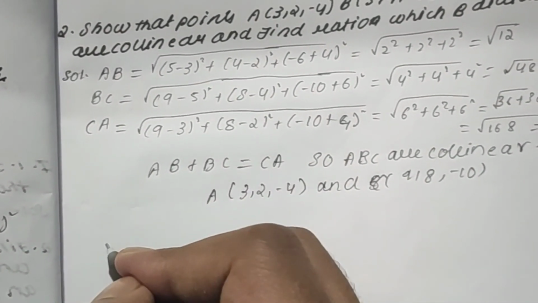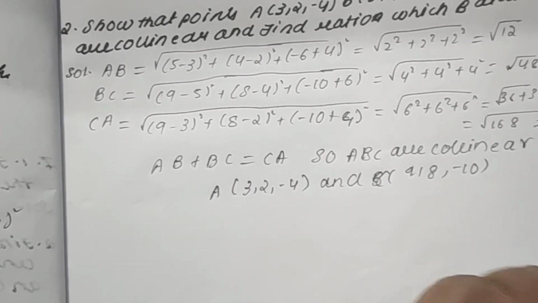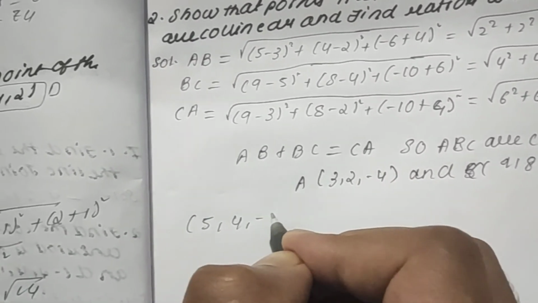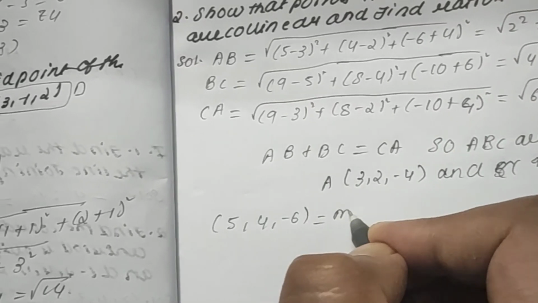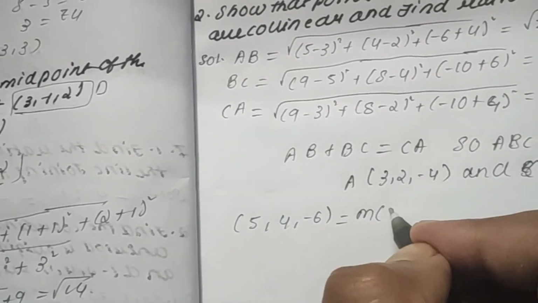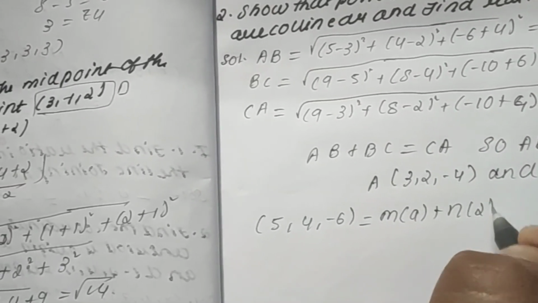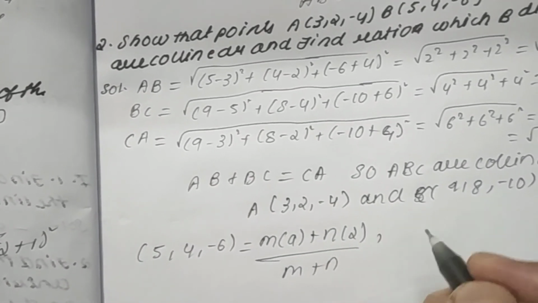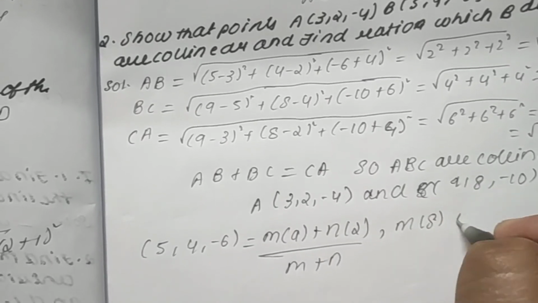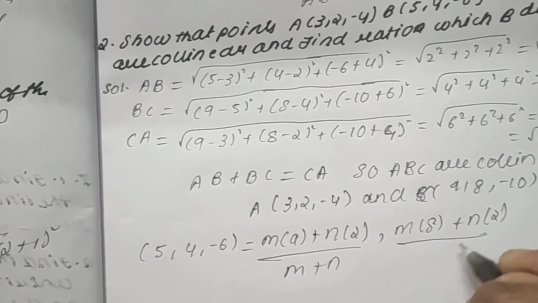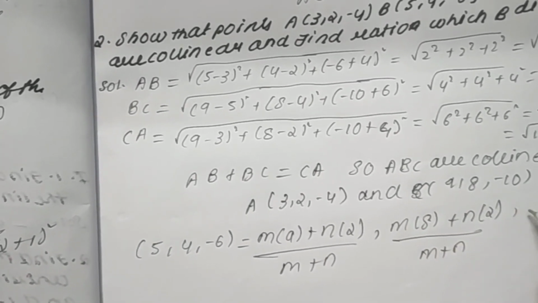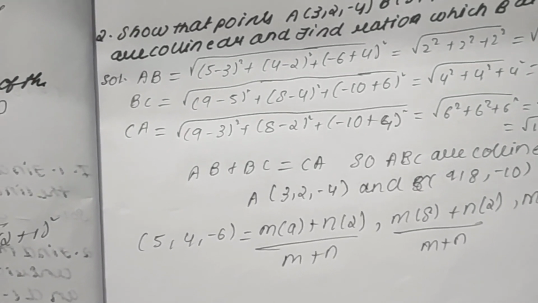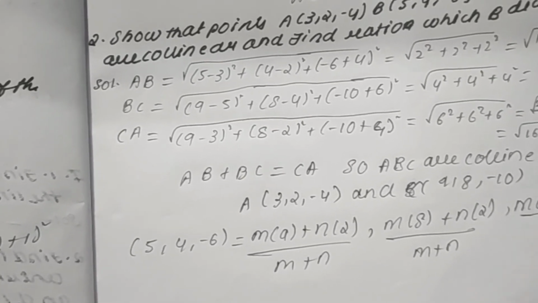So B be the point, which is (5, 4, minus 6) is equal to (m x2 plus n x1 by m plus n, comma m y2 plus n y1 by m plus n, comma m z2 plus n z1 by m plus n).